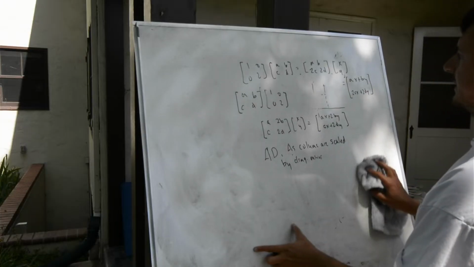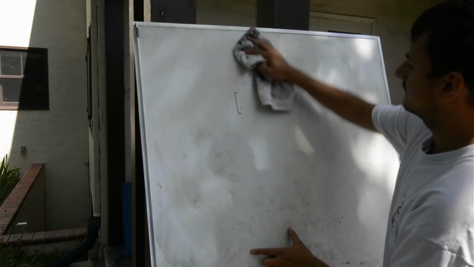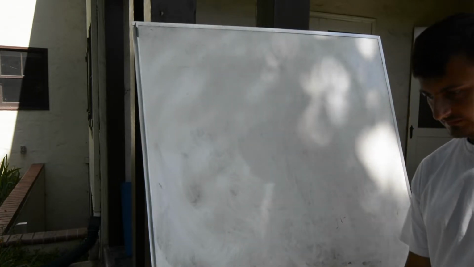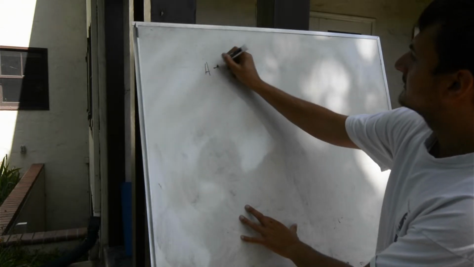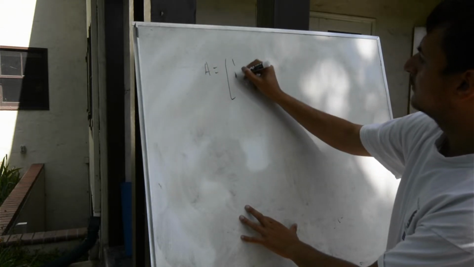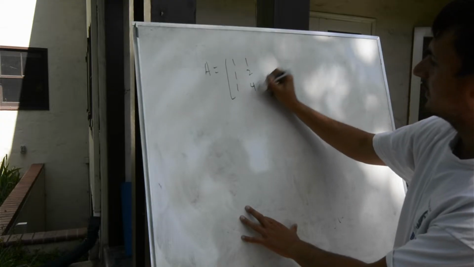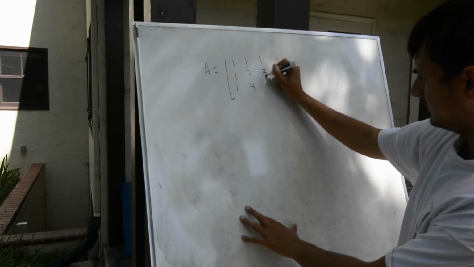All right, so the last thing is we actually want to write out A. A is equal to 1, 1, 1, 1, 2, 4, and then this should be 1, 3, 5.